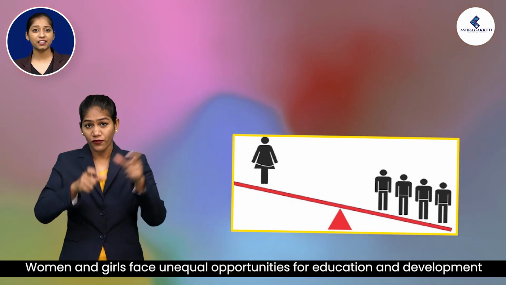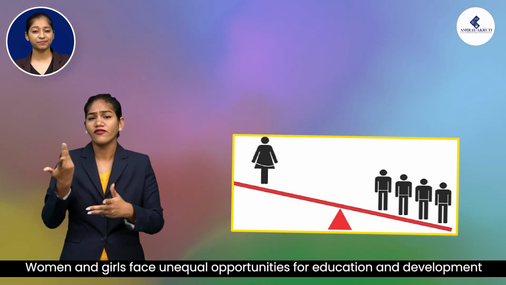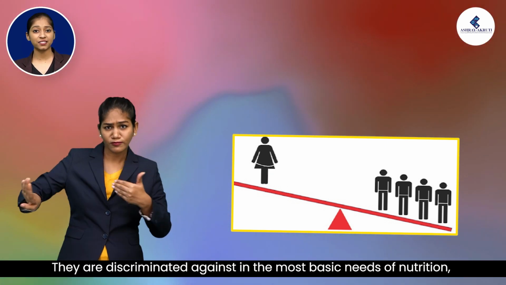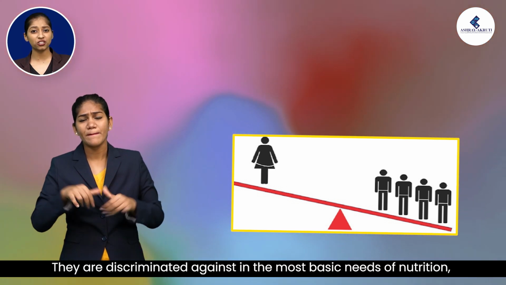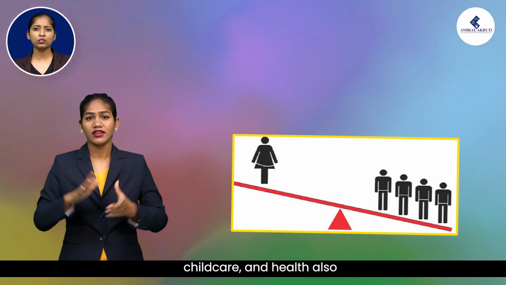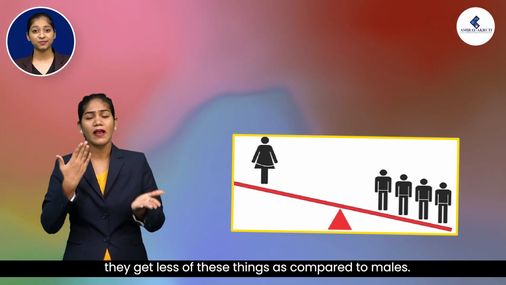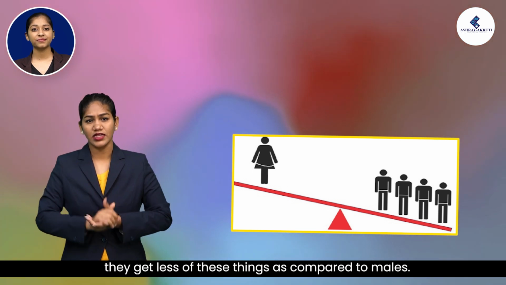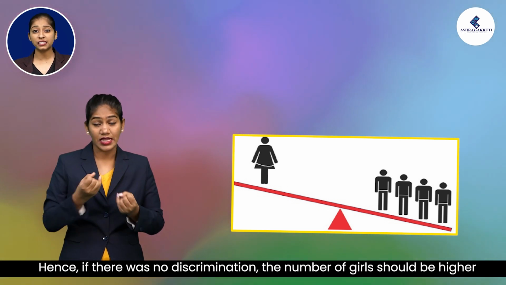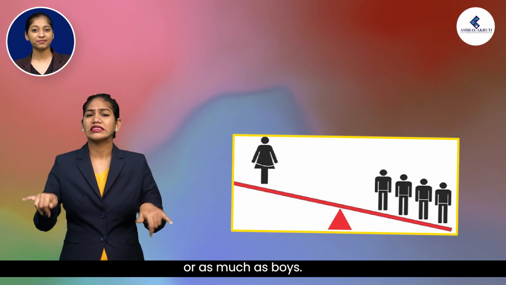Women and girls face unequal opportunities for education and development. They are discriminated against in the most basic needs of nutrition, childcare, and health. Also, they get less of these things as compared to males. Hence, if there was no discrimination, the number of girls should be higher or as much as boys.